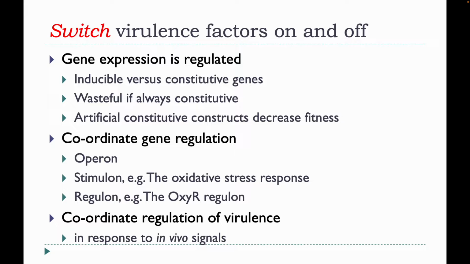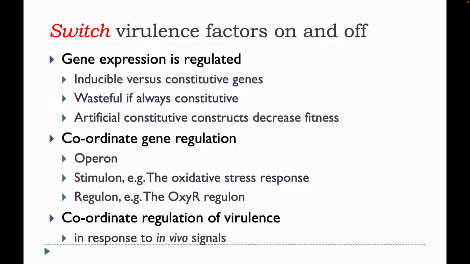And so in bacteria, almost all gene expression is regulated. There are some things you might say, well, you need that all the time, but those are relatively rare components. Most genes are inducible. There are a few that are constitutive, on all the time. And basically it's a bit like, why do you leave your lights on in the house? You turn them off if you're not in the room.